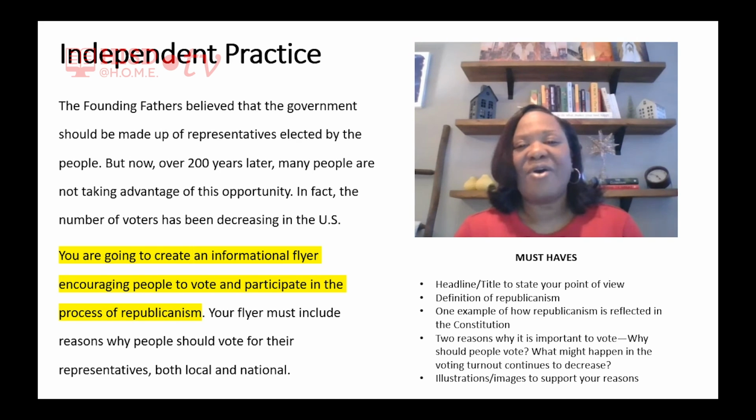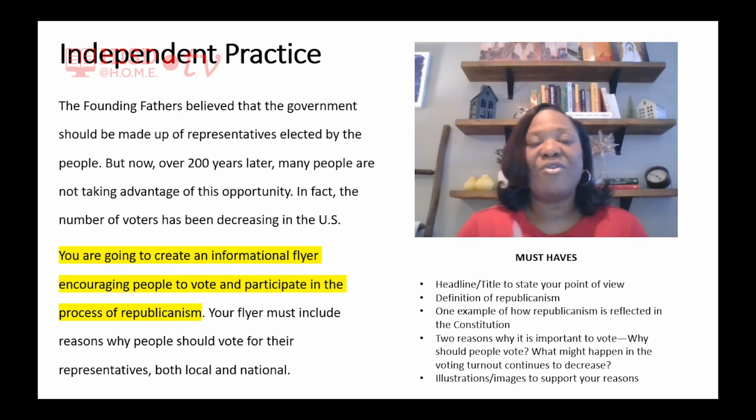But now, over 200 years later, many people are not taking advantage of this opportunity. In fact, voting has been decreasing in the US. You're going to create an informational flyer that encourages people to vote, to participate in the process.